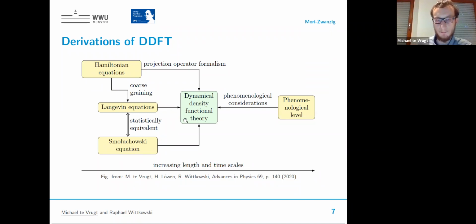Or you can take a more microscopic starting point, namely starting from the Hamilton equations, and then use the Mori-Zwanzig projection operator formalism. The Mori-Zwanzig formalism can also be used starting from here, but that's less common. And for now, I'll typically assume this route.